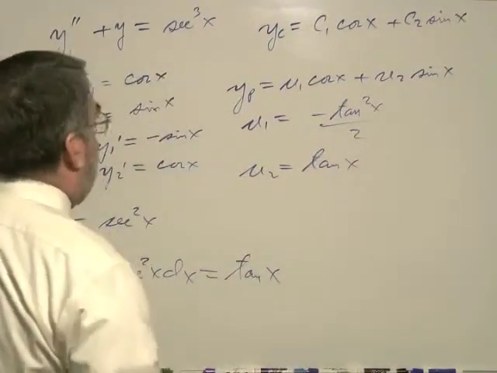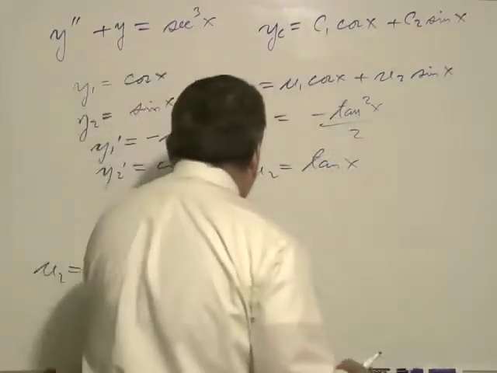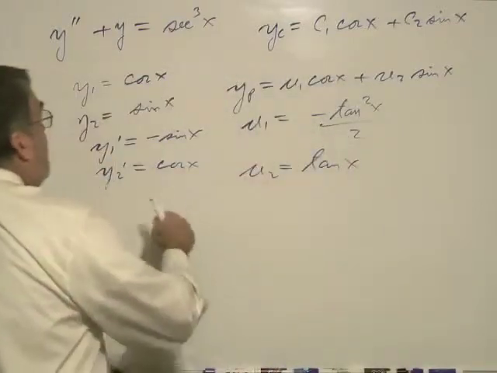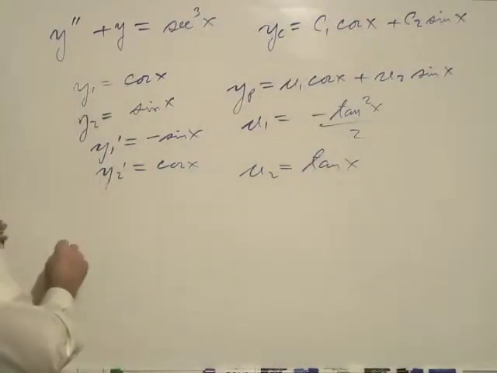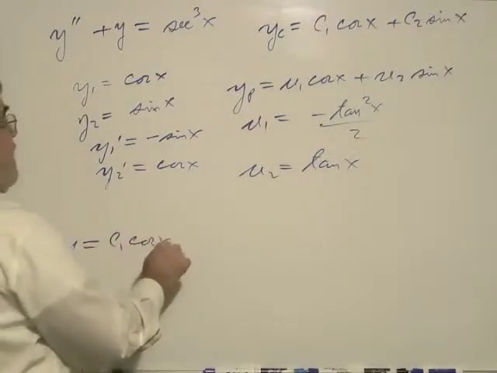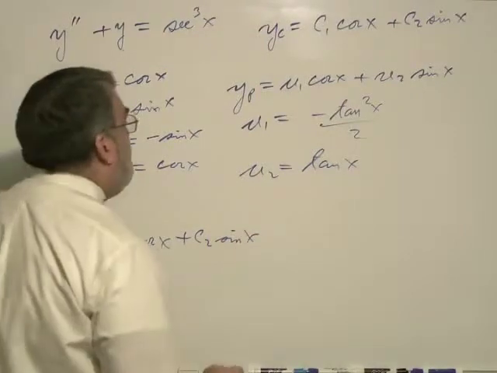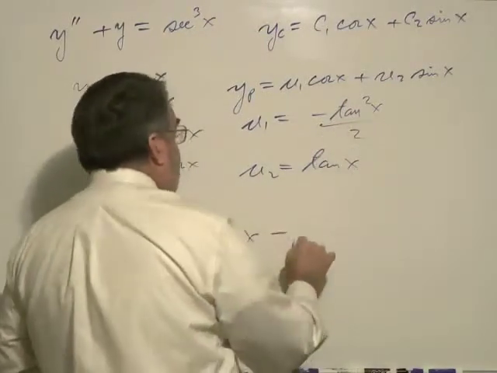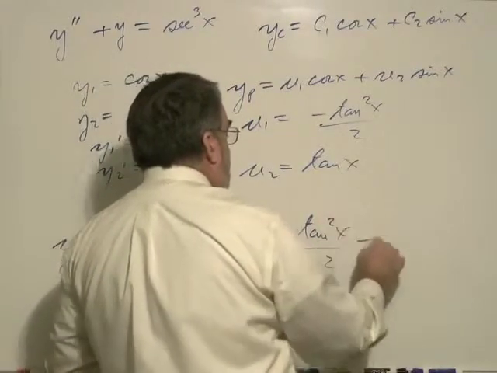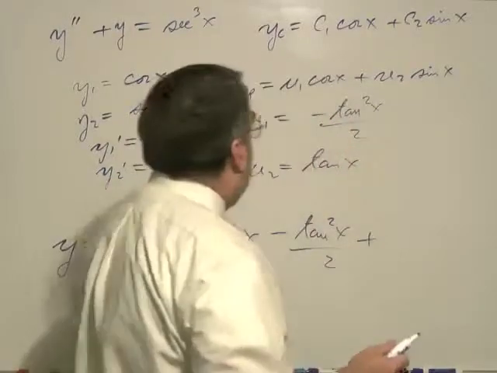All right, so let's write out the full solution to this differential equation. It's going to be the complementary solution. So y is equal to c1 cosine x plus c2 sine x, and then minus tangent squared x over 2 plus, oops, sorry, I forgot something, didn't I?